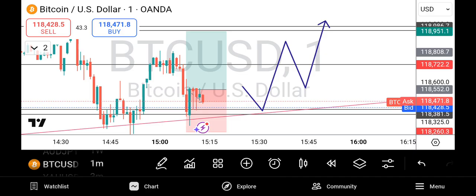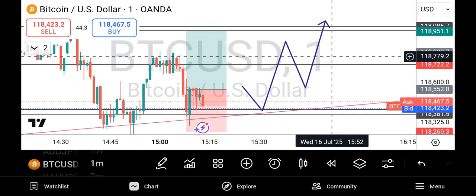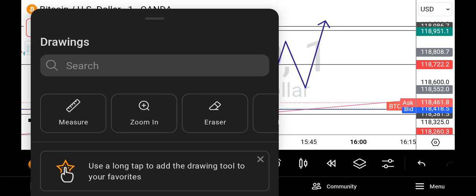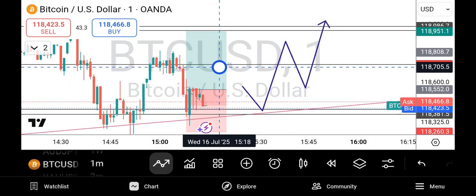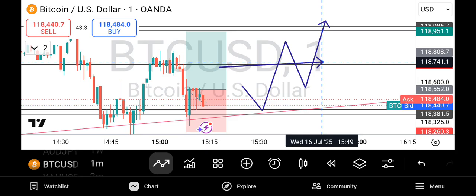So when price gets to this level, lower low, higher high, lower low, higher high, I'm waiting for a pullback to maybe this point. I'm looking for a pullback to this point.